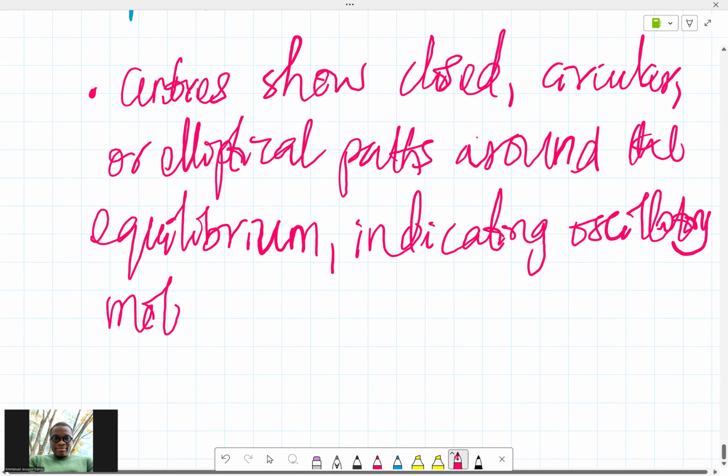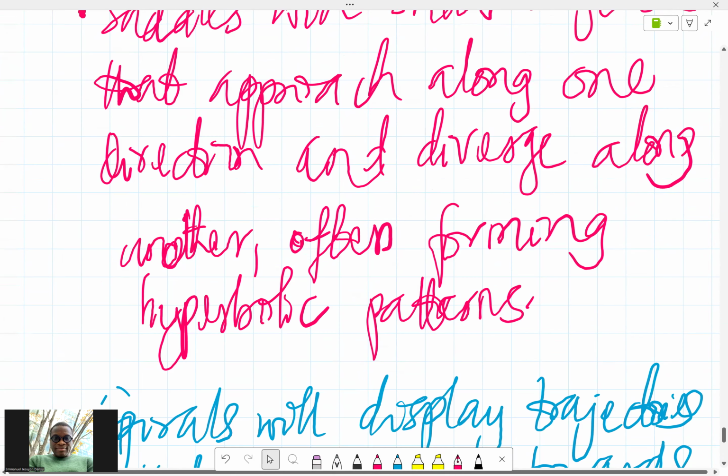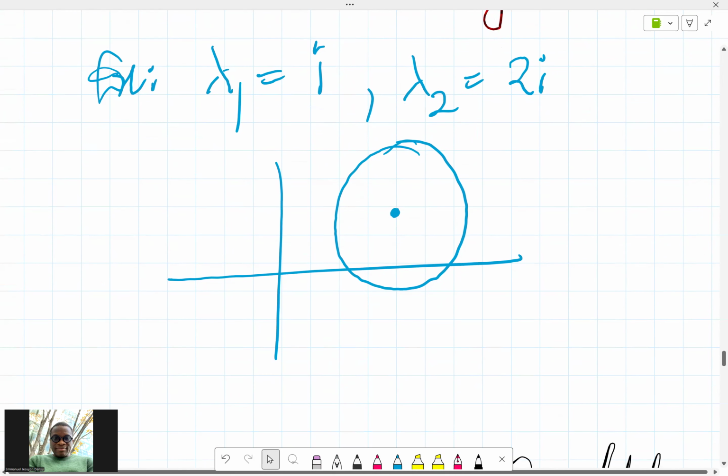We saw that also; this is simply a center. So you just have movement around the equilibrium point, around the critical point.